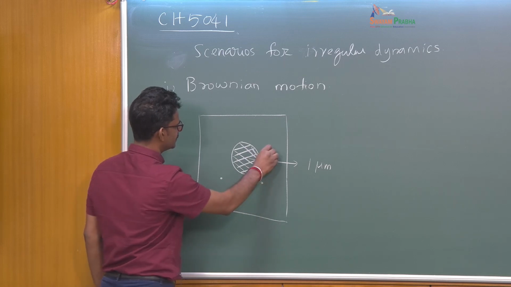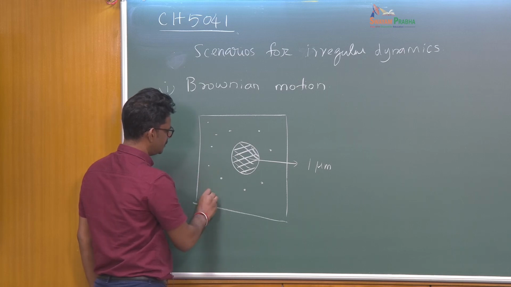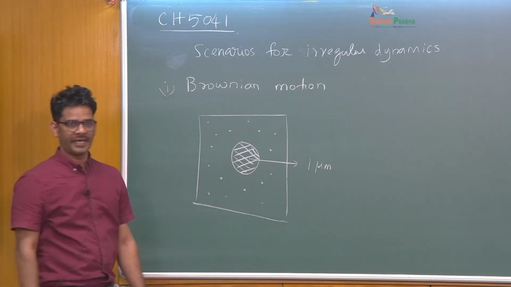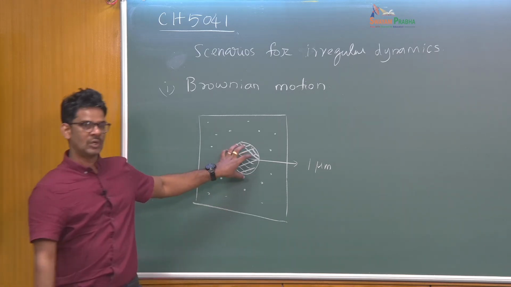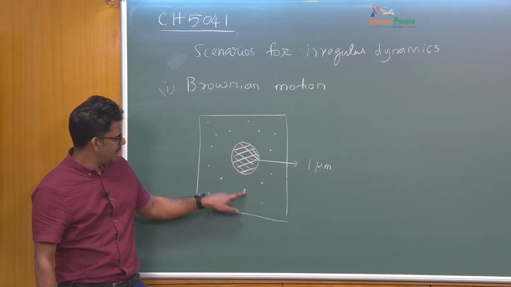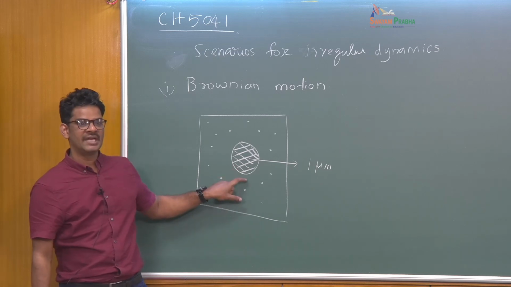and if I denote the solvent molecules as these points, at finite temperature these molecules have kinetic energy. So, they move about, and when they move about they also encounter collisions with this particular object. You can see I have deliberately made the size difference between the particle and the solvent molecule very large.